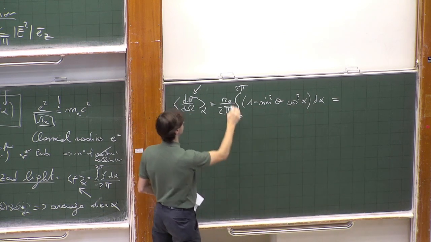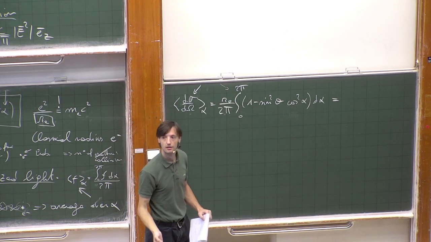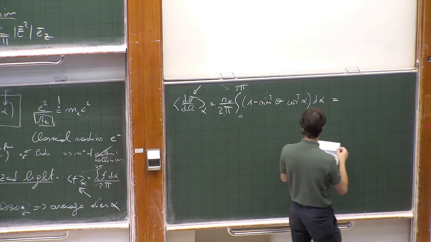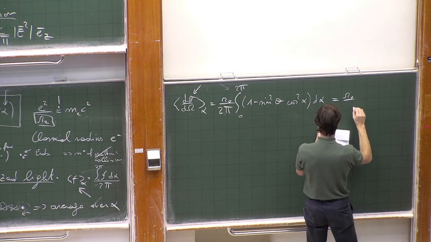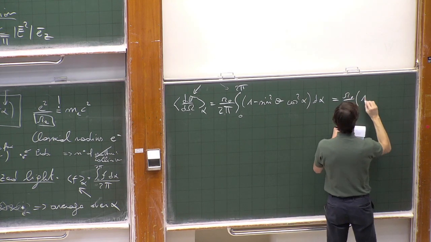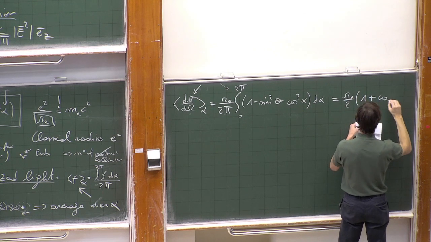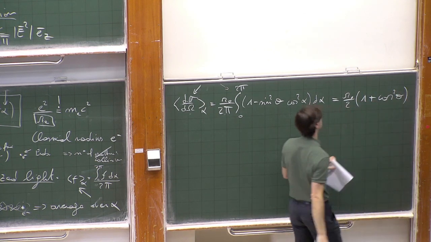And now you just have to solve this integral. Again, do it in front of a fireplace in one of these cold evenings. That's a trivial process that I'm not going to do here, so I just give you the result, which is this one.